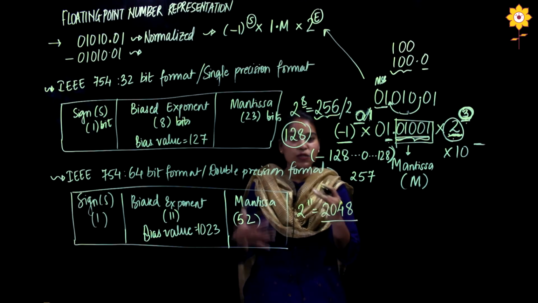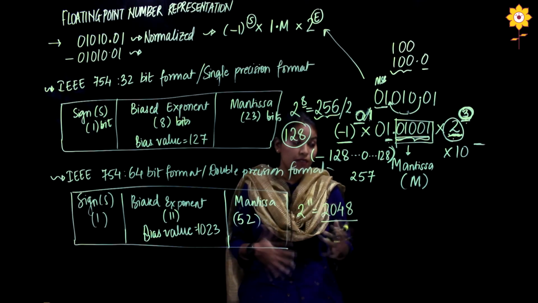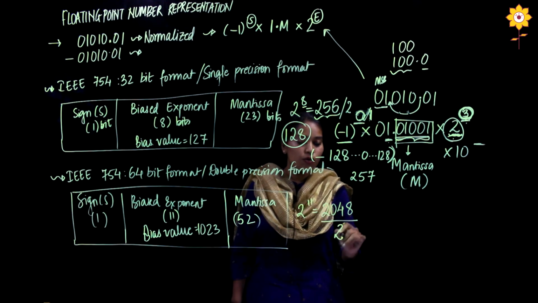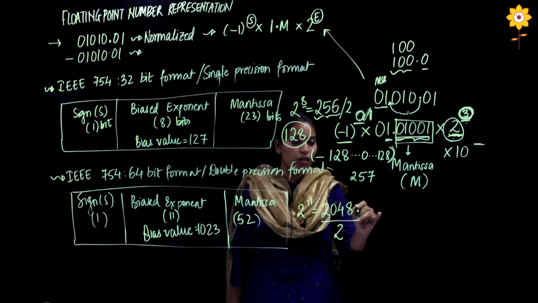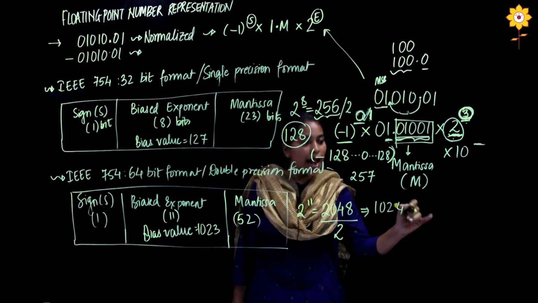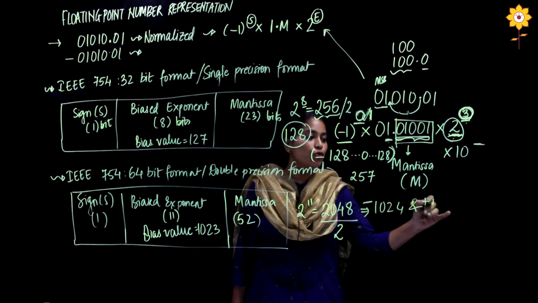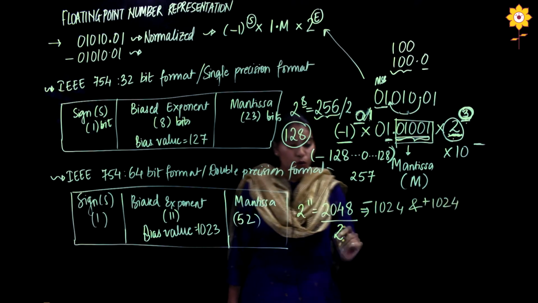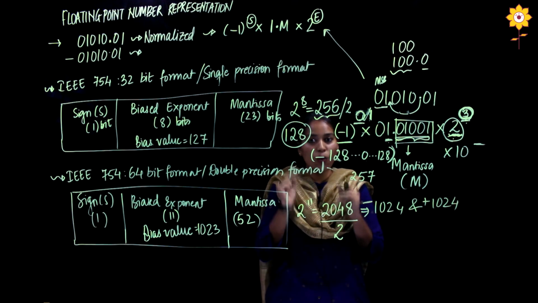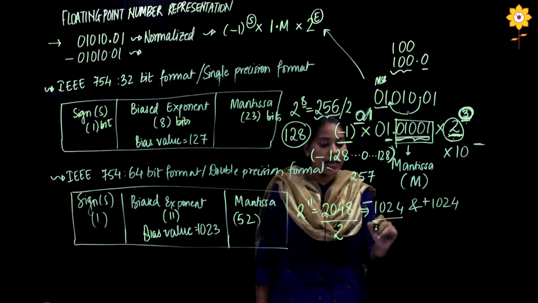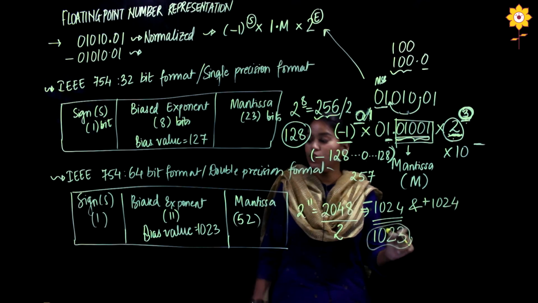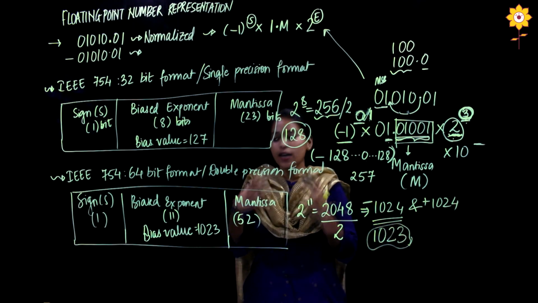And since the exponent can be a positive or a negative number, if it is 2048, we can have 1024 negative numbers and 1024 positive numbers. So again, there's a 0 in the middle as well. So instead of taking the exact half, we take 1 less. That is why we will have 1023 as our bias value.